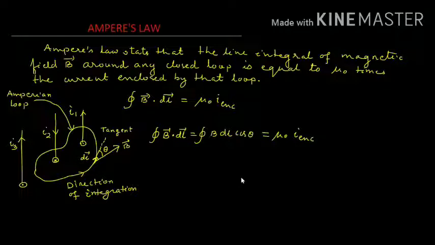So I_enc is equal to I1 minus I2. Here I1 is out of the plane of the diagram, so that is taken as positive because your direction of integration is anti-clockwise. When you apply the right hand thumb rule, the curl of the fingers is along the direction of integration and the thumb represents the direction of the current, so that is taken to be positive, and I2 is inward, that is taken to be negative. So this is about Ampere's law.